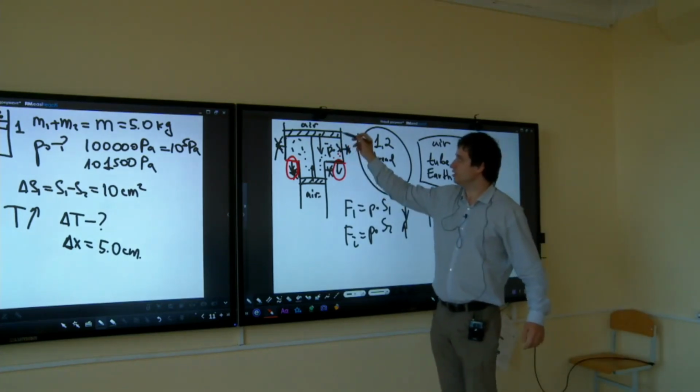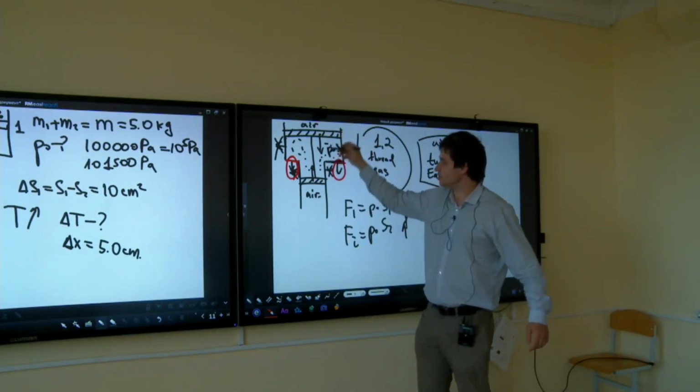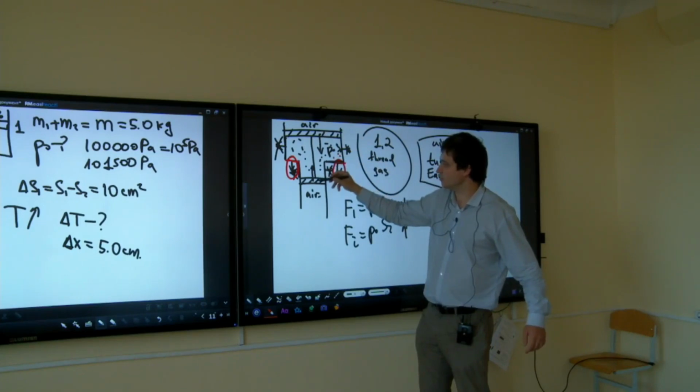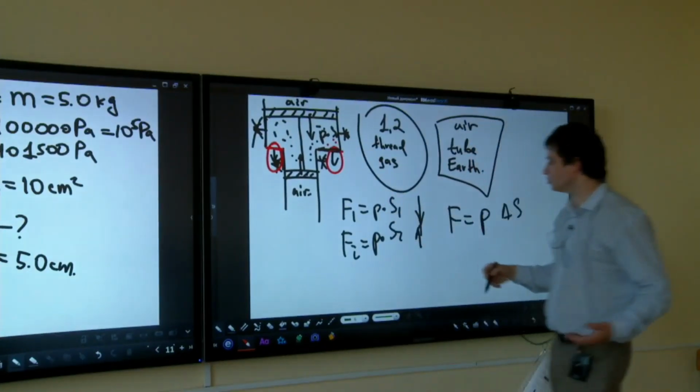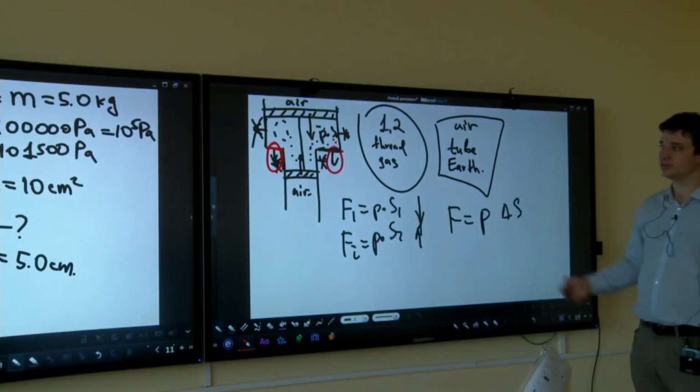Because in here we have the area S1, in here we have a smaller area S2, and this smaller area S2 plus this area should be equal to S1. So this is exactly delta S.